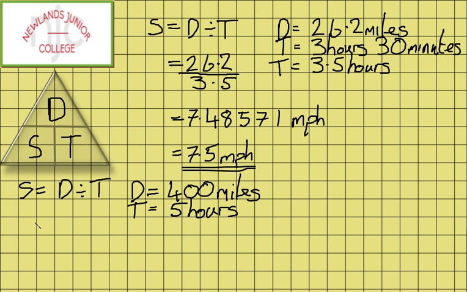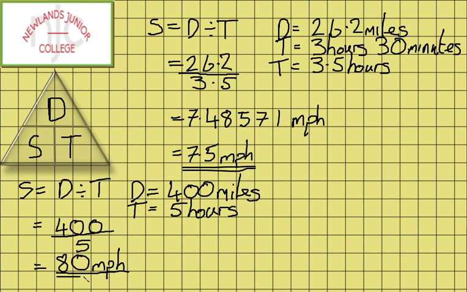So the speed is equal to 400 divided by 5, and that equals 80 miles per hour.